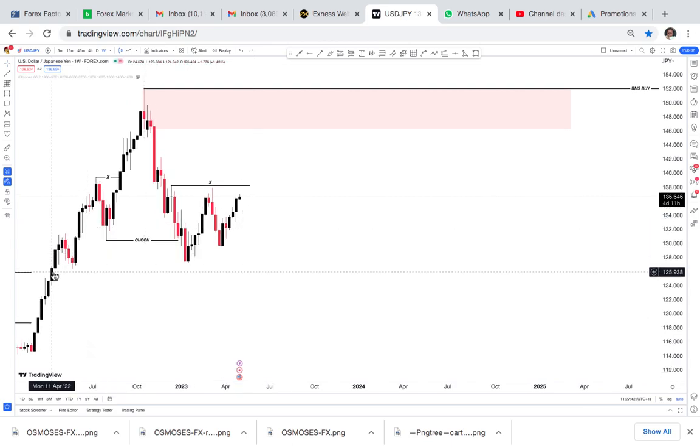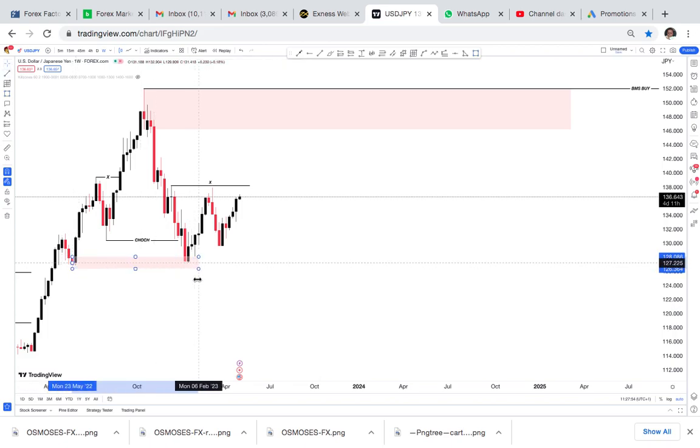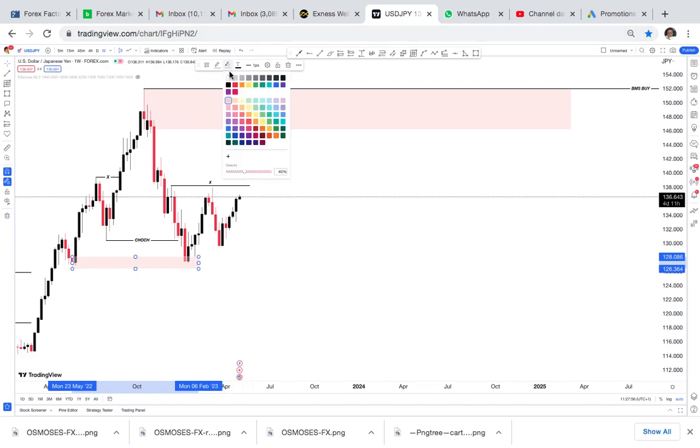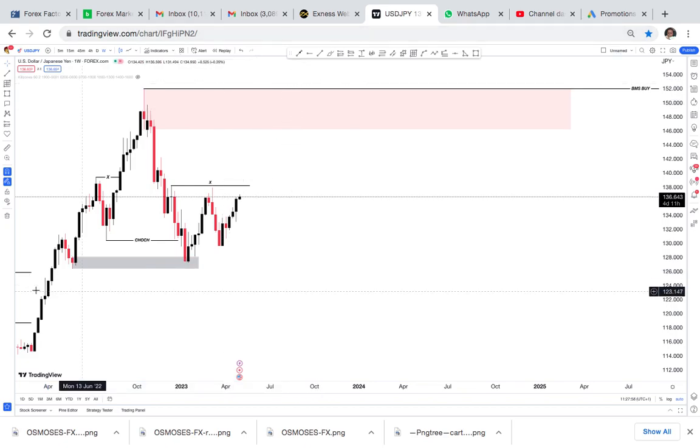Okay. Now what do we have here? We have a zone here that price mitigates, and we'll look into it again. Price mitigates this zone. Why? Because this zone took out some liquidity, double bottom liquidity here, and still broke our high.